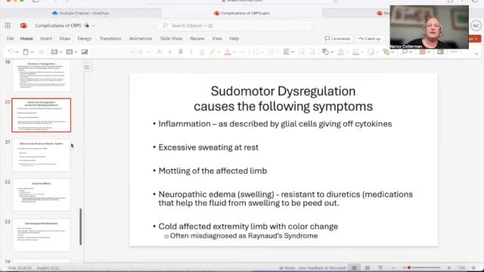Cold affected extremity with color change, often misdiagnosed as Raynaud's syndrome. And if you review back to the symptoms of CRPS, then you'll be able to see what the mottling and the swelling look like in photos.